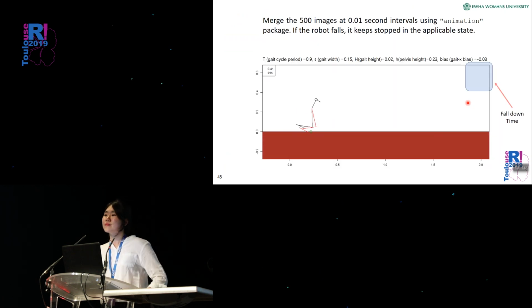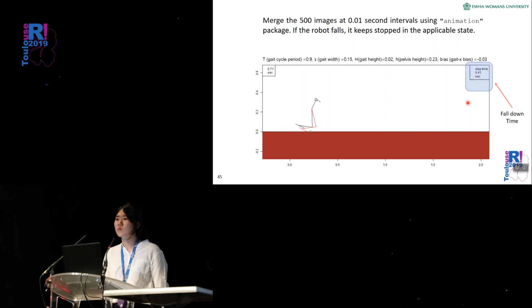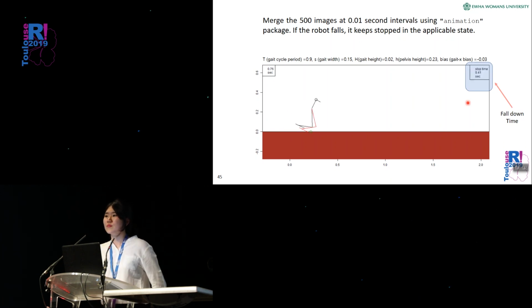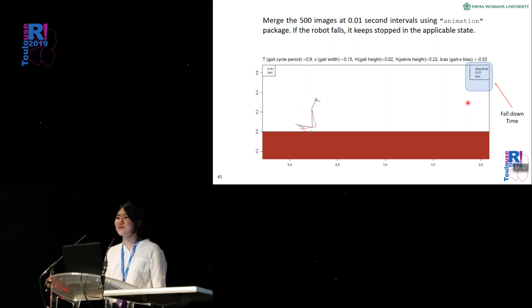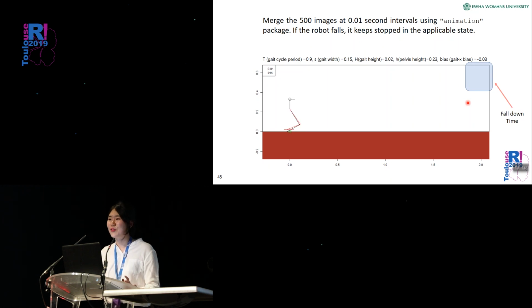I was wondering if you chose it deliberately to get a challenge for the GA to optimize over. So, I mean, that's why it falls over, right? Or would you consider adding more parameters to the gait so that you could make it move more smoothly? Okay, thank you. I will check that.